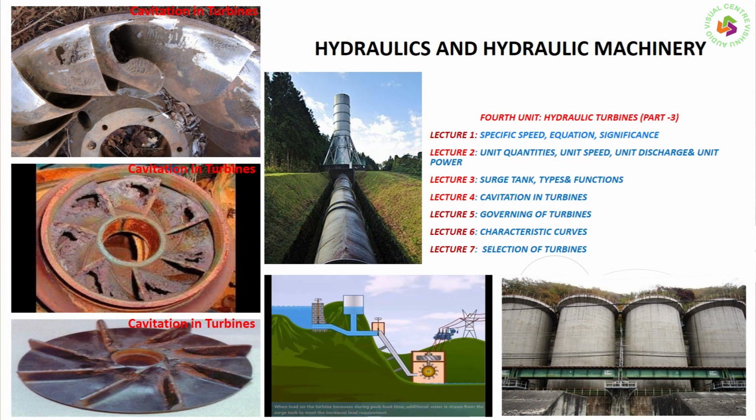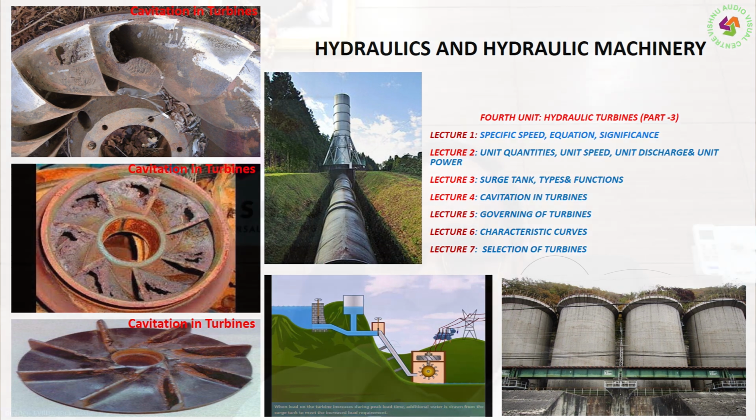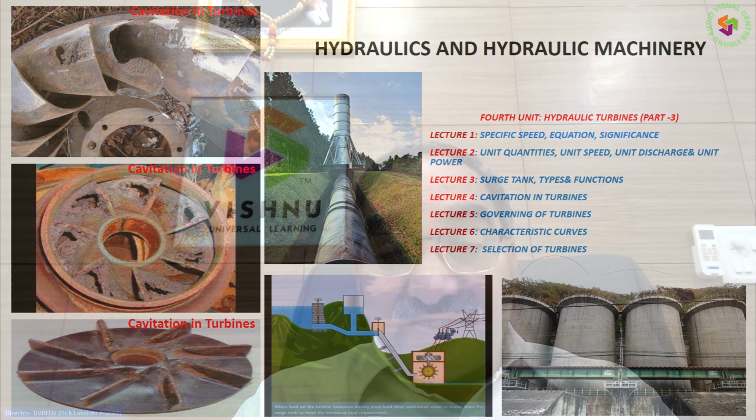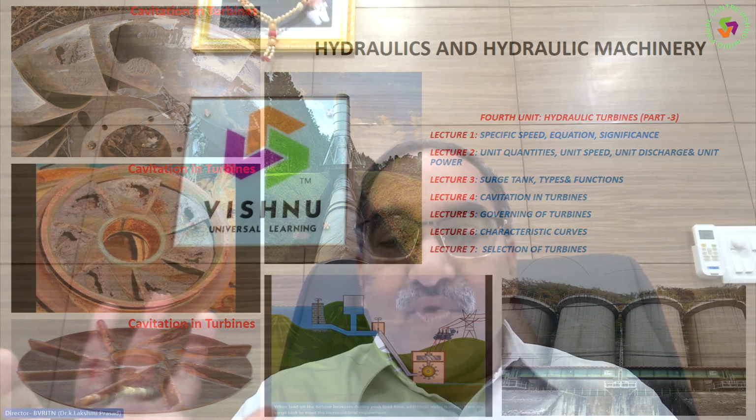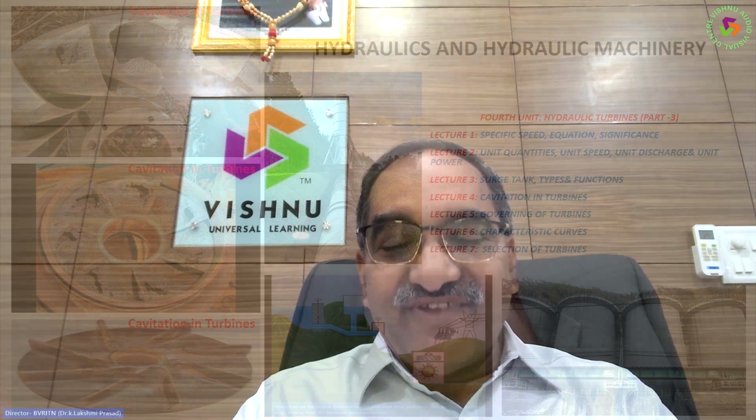The mechanism by which we keep the speed of the turbine constant irrespective of the load is what we call the governing mechanism. It is very, very important in case of turbines. Generally, this governing mechanism is done automatically by the governors which are coupled to the turbine shaft.